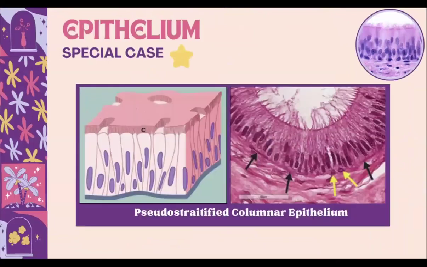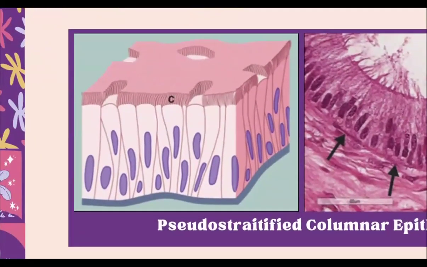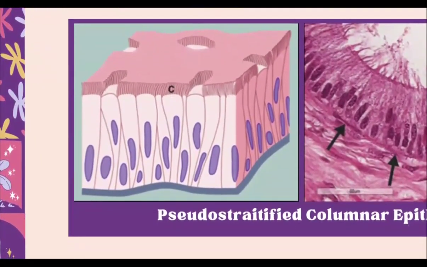And then we have some special cases. These are the ones that don't fall into any of the rules that we gave for the naming. If you look at these cells from the top, you would see nuclei upon nuclei, so you would think there are two layers, but there's actually only one layer.